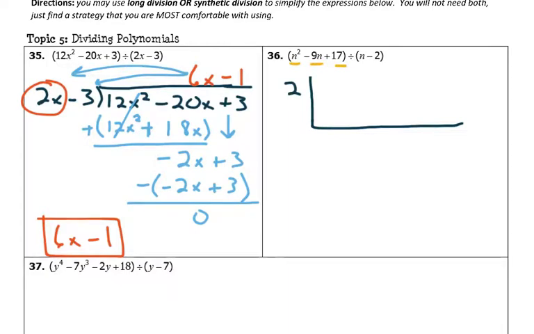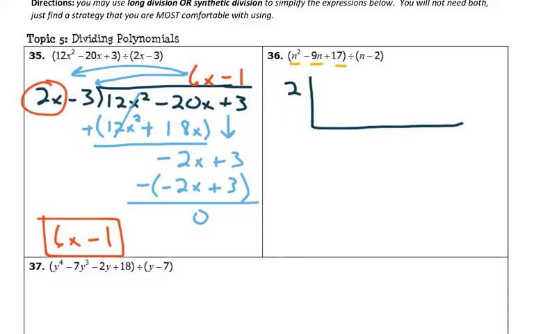First of all, you got to make sure that you're not missing any. We have n squared, n, and then a constant. If we had n to the third here, we would need to fill in the missing n squared with a 0. We went through that with our missing exponents, and we're going to do that for the next problem, in fact.